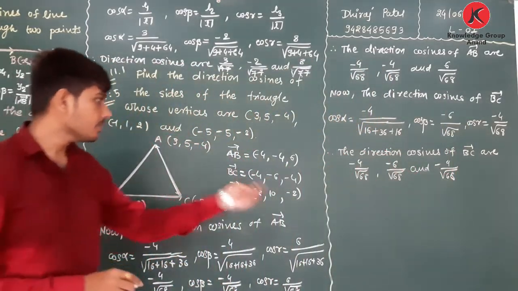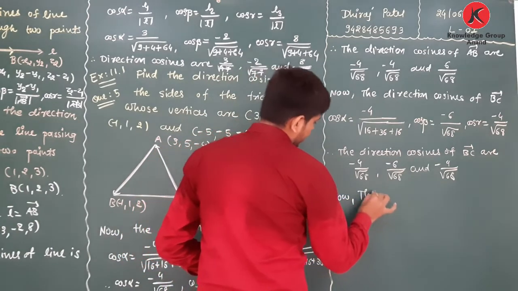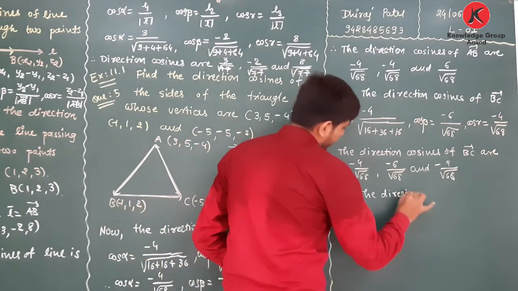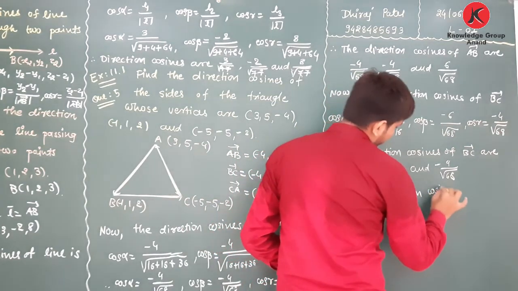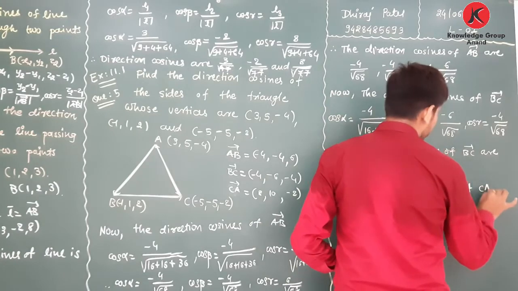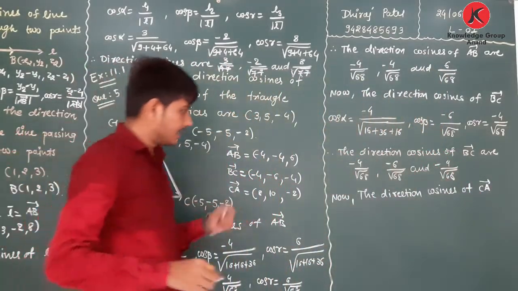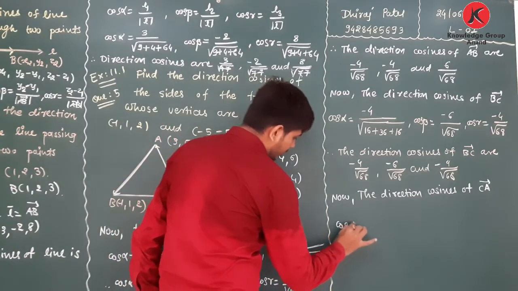Clear? Next, now the direction cosines of vector CA or vector AC. Okay, the direction cosines of vector CA. Here vector CA is here. Therefore, we can calculate it.